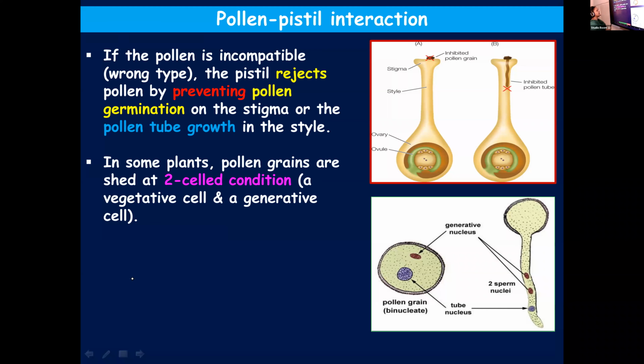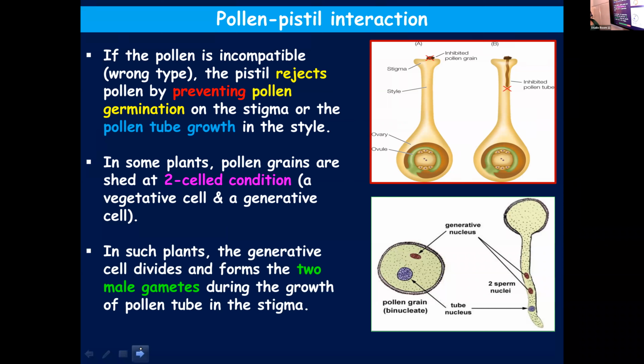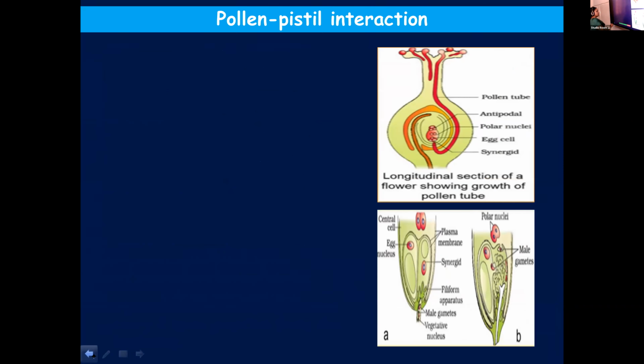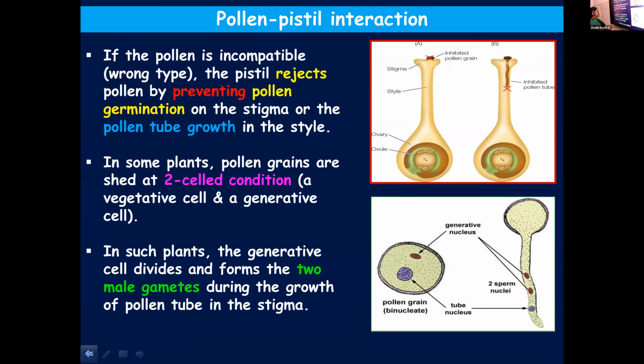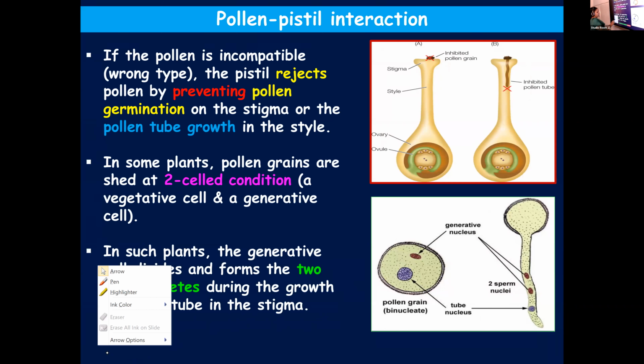In some plants, pollen grains are shed at the 2-celled stage. Means it will have a vegetative cell and a generative cell. Hope you are remembering the features of vegetative and generative cells. In such plants, as you can see in the figure, the generative cell divides and forms 2 male gametes during the growth of the pollen tube, not at the time of release.